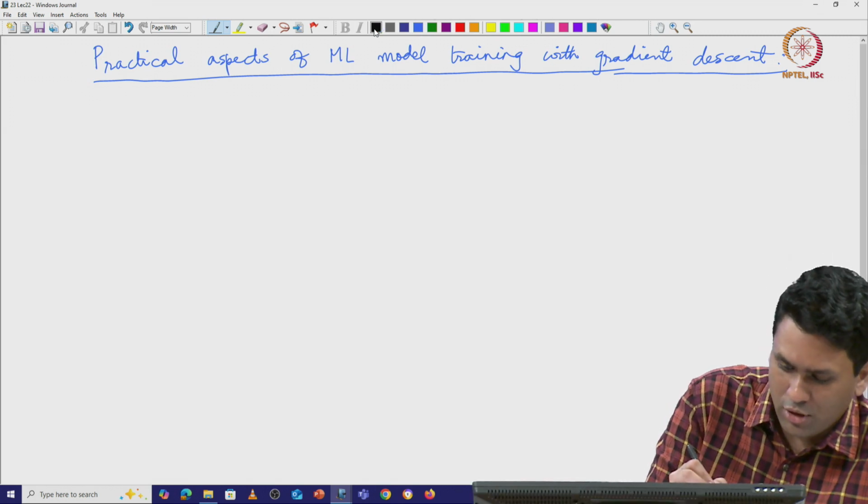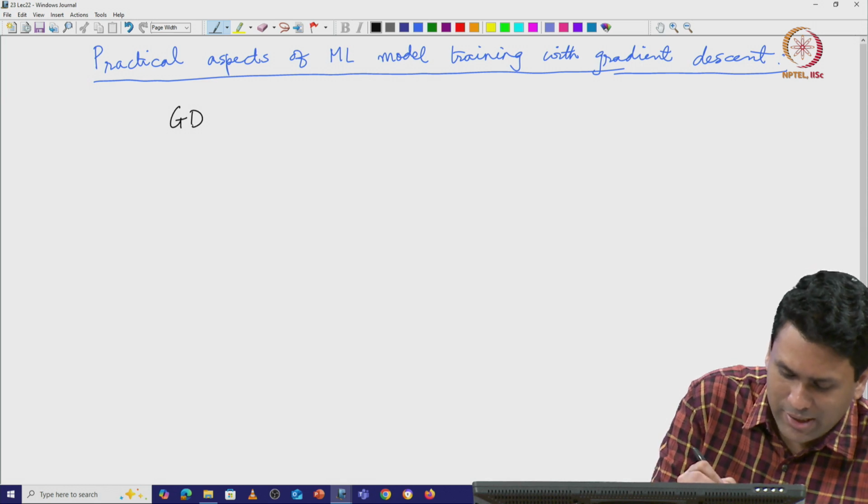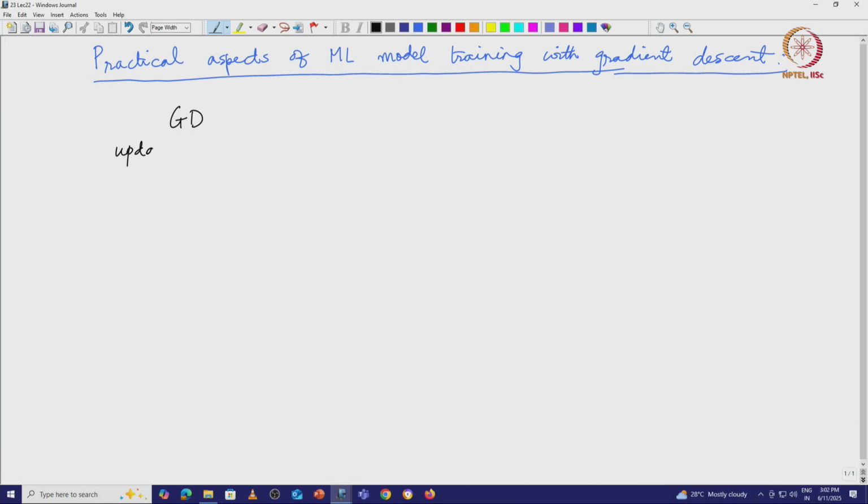So for your recollection, the gradient descent (GD) parameter update equation is that the beta vector at the k plus 1th iteration is the beta vector at the kth iteration minus gamma times the gradient of the loss function at beta k.